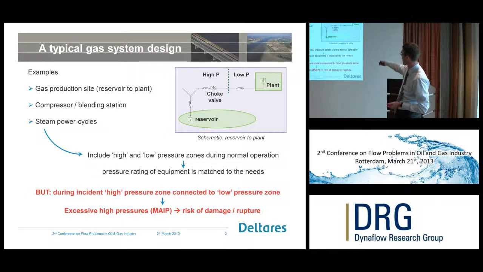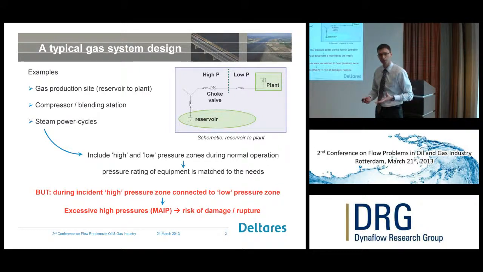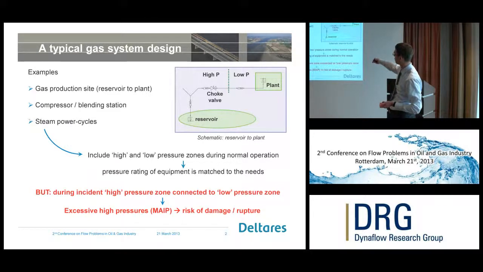We have a reservoir from which natural gas is coming via a well tube, and at the top of the Christmas tree there is a choke valve, and then via a transport line it's transported towards a treatment plant. Typical for these gas systems is that you have high pressure zones and low pressure zones. The choke valve separates the high pressure from the low pressure zone.